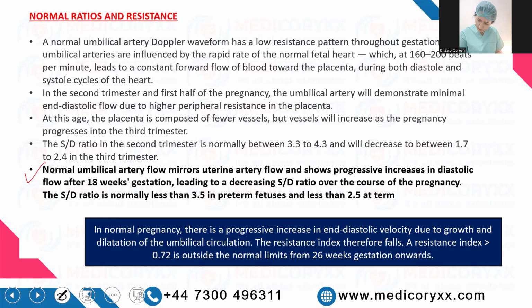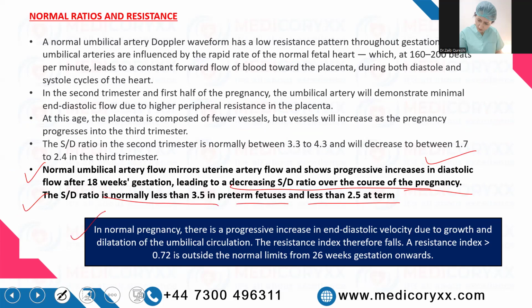Normal umbilical artery flow mirrors uterine artery flow and shows a progressive increase in the diastolic flow after 18 weeks, leading to a decreased ST ratio over the course of pregnancy. Systolic versus diastolic ratio: it means flow is good, the heart is pumping well, and the flow is equally distributed. ST ratio is normally less than 3.5 in preterm fetuses and less than 2.5 at term.